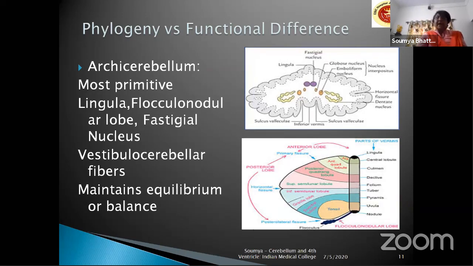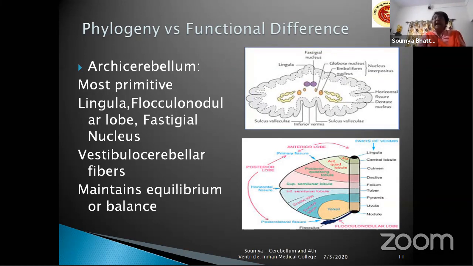The oldest part of the functional value added to our cerebellum is the archicerebellum. Archi means old, very old, the oldest. So it's the most primitive part. Now, therefore, what should have been the most primitive?